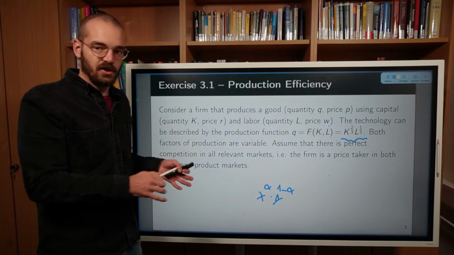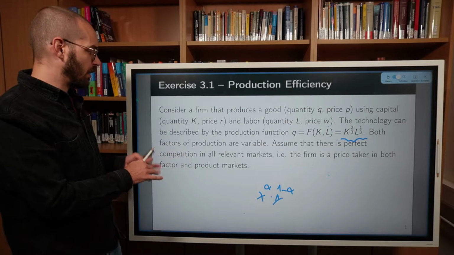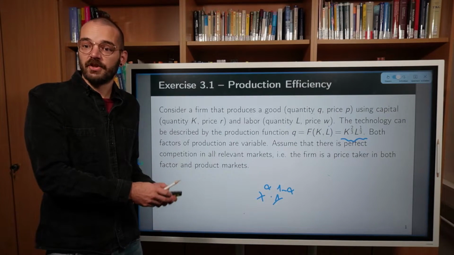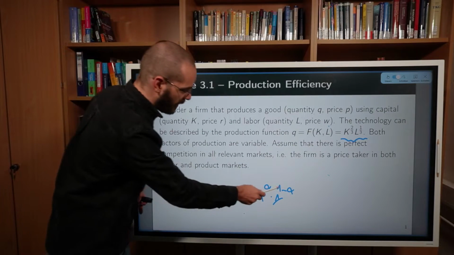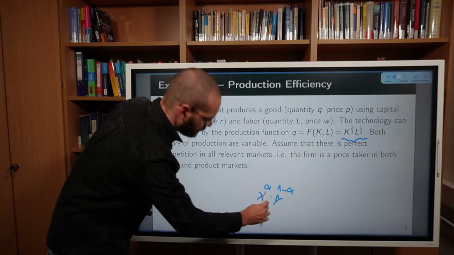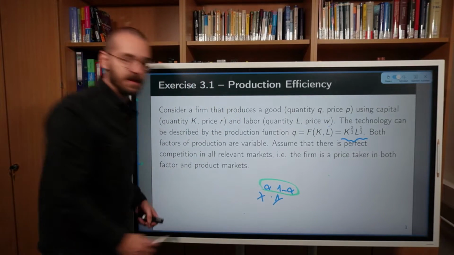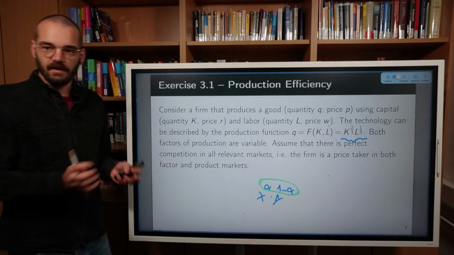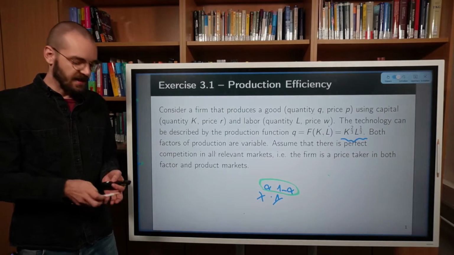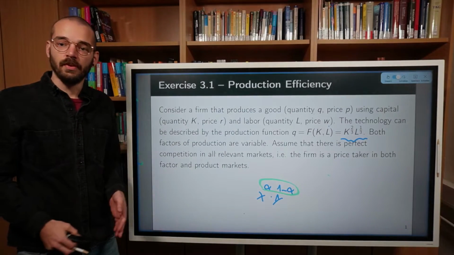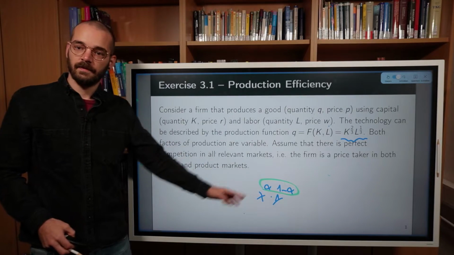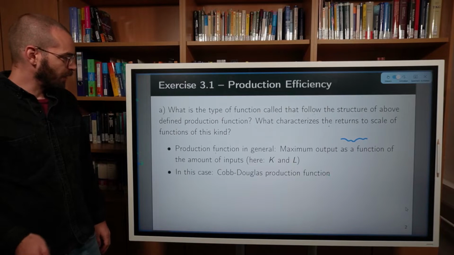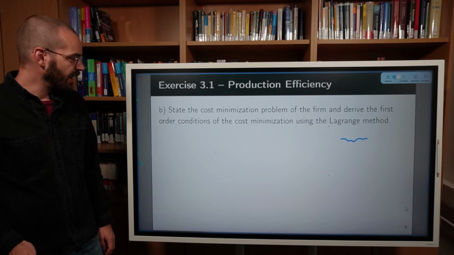This kind of production function, or in other words, this kind of Cobb-Douglas production function, will always yield a degree of homogeneity equal to 1, simply by construction of the exponents. All right, just maybe fiddle a bit around with it, and you will come to the realization that this must be true for any alpha. Okay, and with that we are done with task number A.